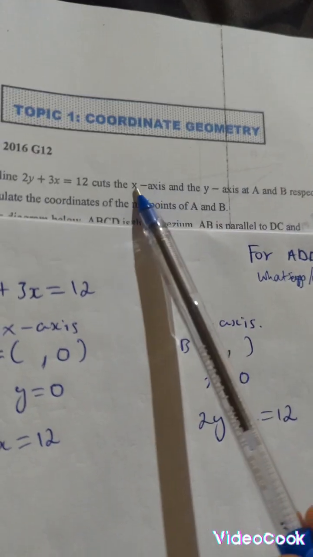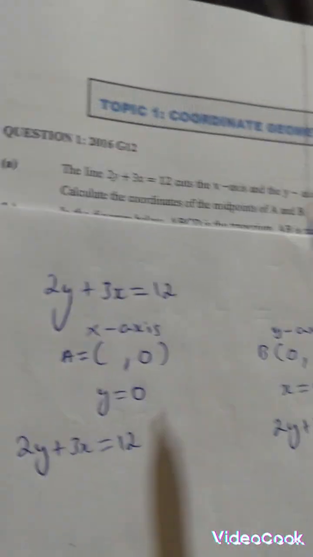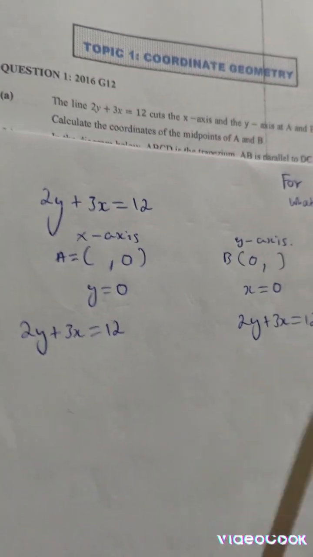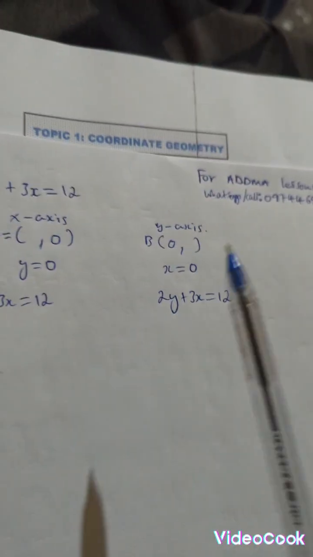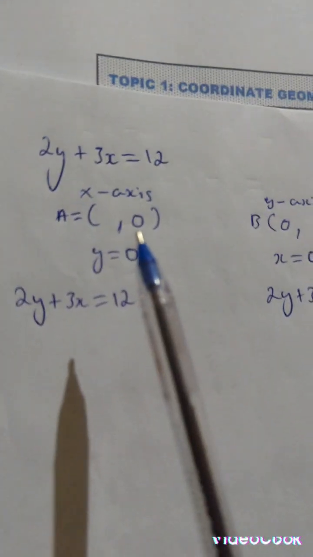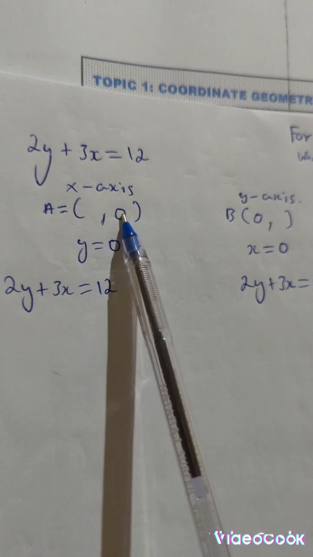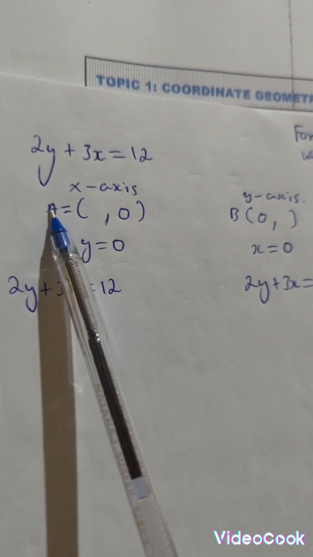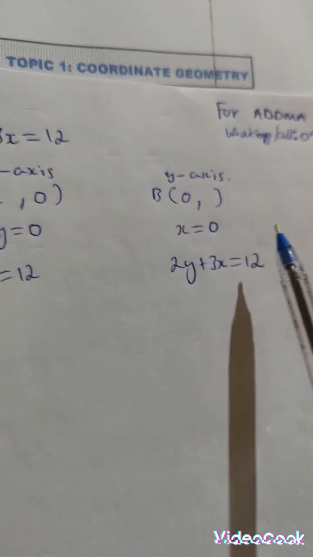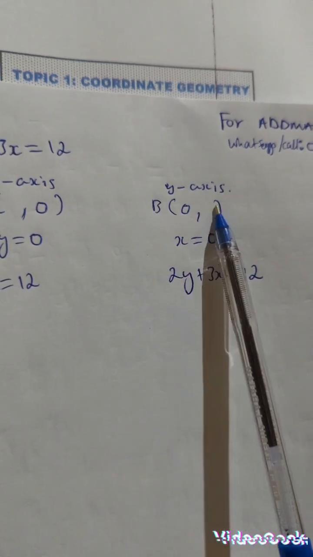So the x-axis is for A, then the y-axis is for B. This is why I've written them like this. On the x-axis y is 0, and that's where A is. On the y-axis x is 0, and that's where B is.